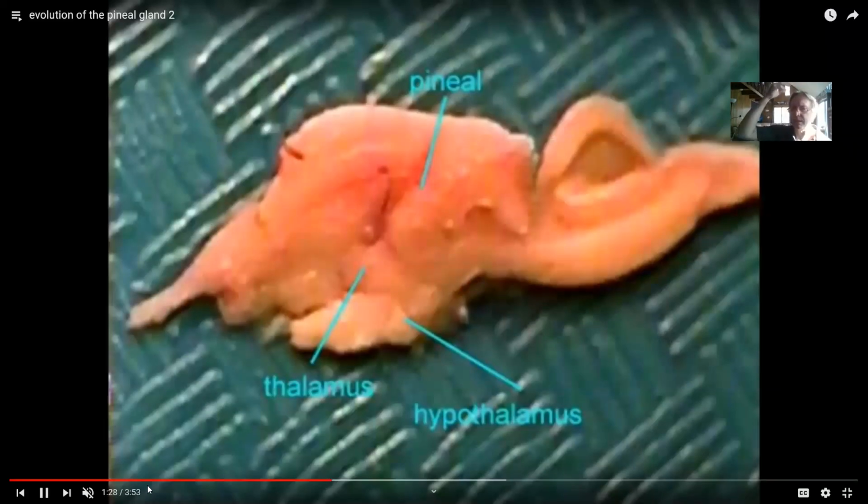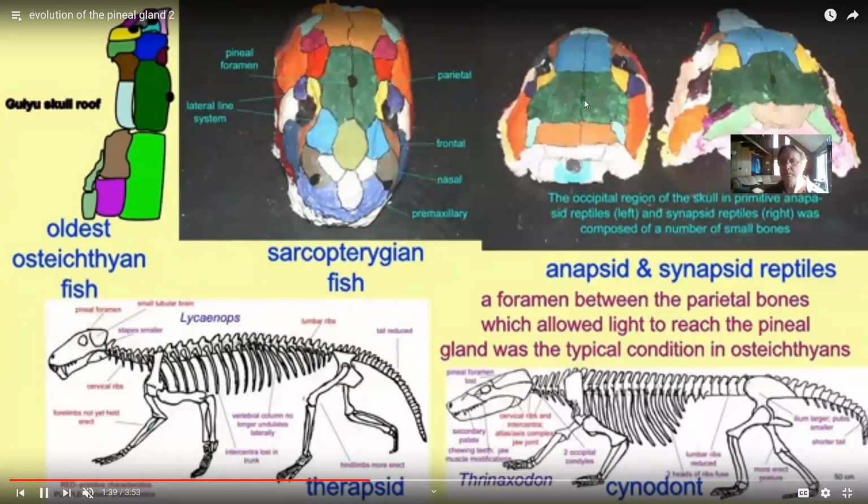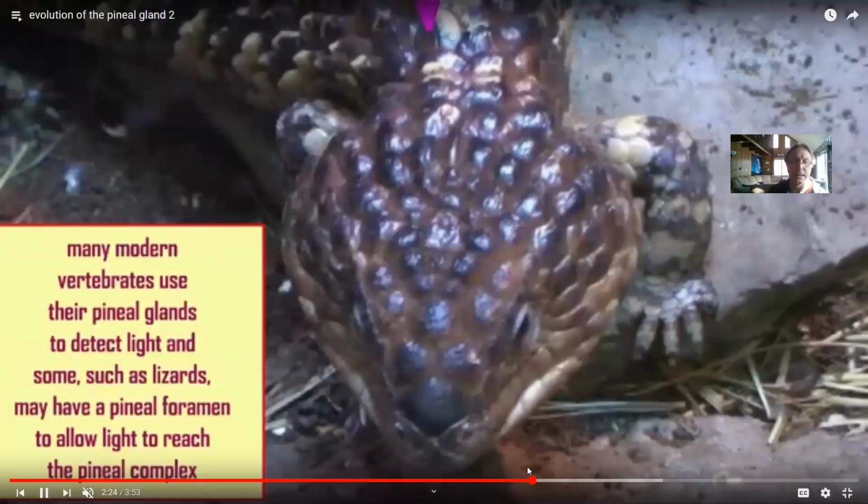But in the therapsid lineage, by the time we get to cynodonts, the pineal opening is closing. So here you can see a therapsid. It still has a pineal foramen. Here, this opening in the parietal bones. But by the time we get to cynodont reptiles, then it is lost. This is more prominent in others.